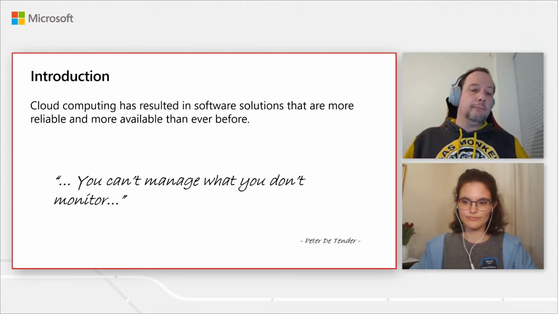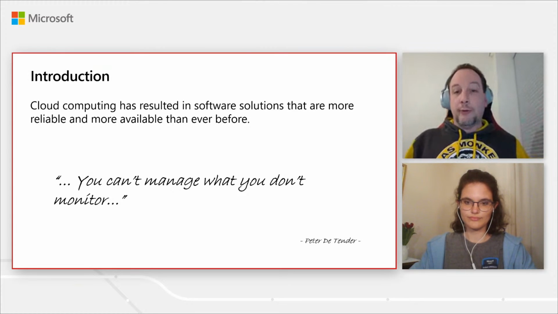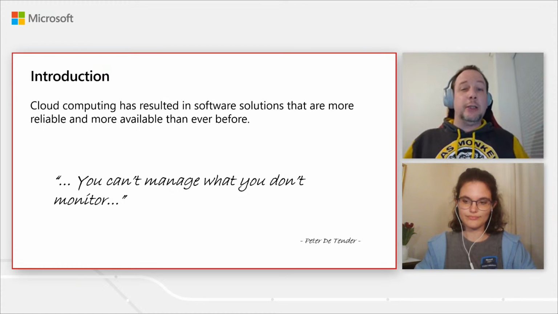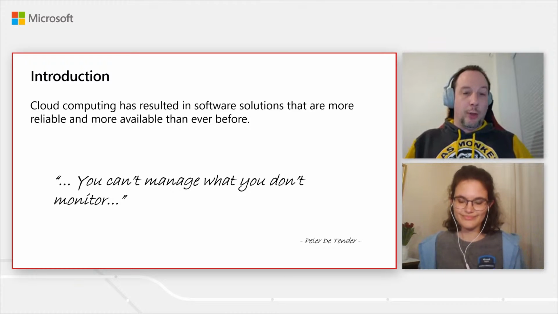And it wouldn't be reasonable to assume that any human being is going to watch your cloud environment, depending a bit on the size and the complexity. But even in a small or medium-sized environment, you still need to monitor. And back to the statement, there's no way you can manage your environment if you're not properly monitoring it.